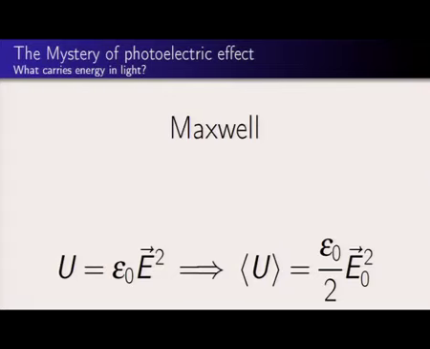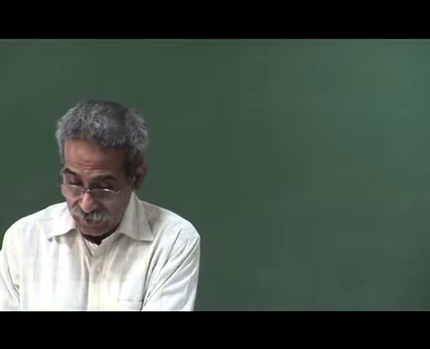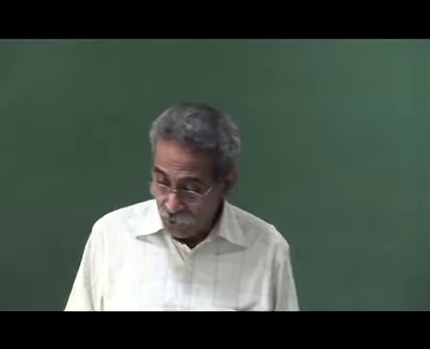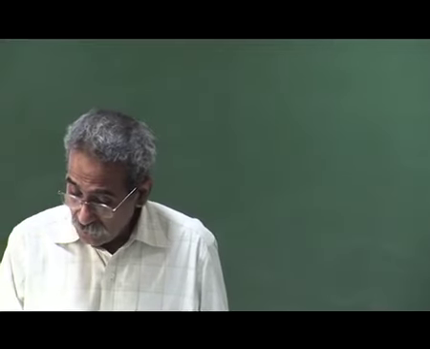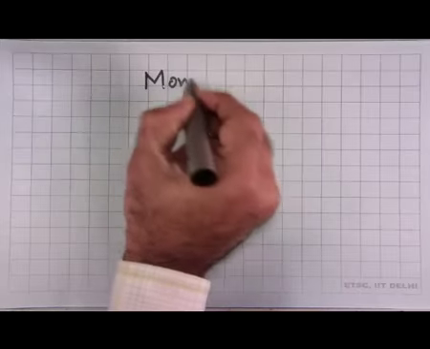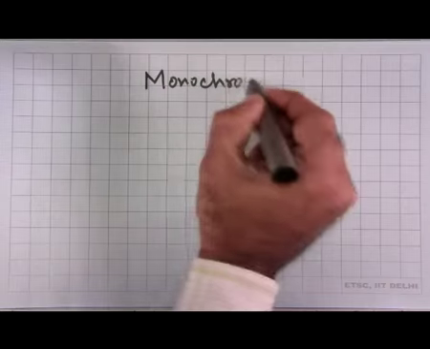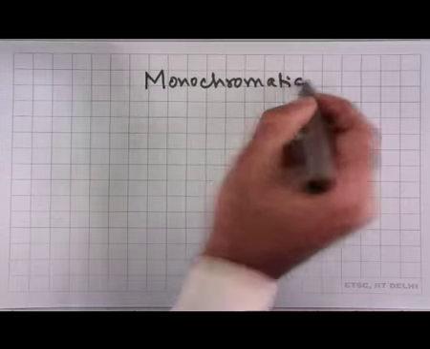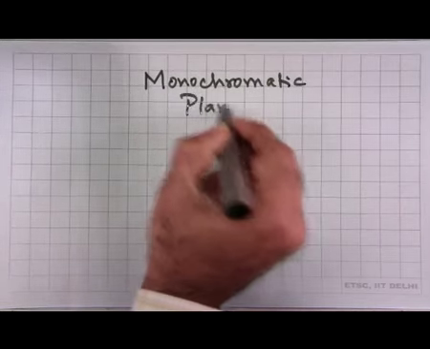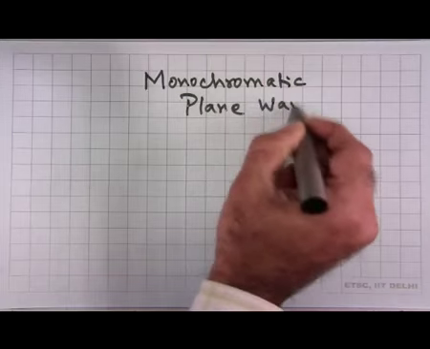I am reconciling that. The expression for the energy density is given by epsilon naught E squared, where E is the electric field. Now, if there is a monochromatic plane wave, remember that. So, let us go through that quickly so that we are not going to miss the point. If you have a monochromatic plane wave, that means my frequency or wavelength is fixed.